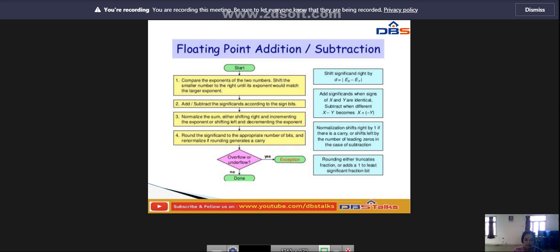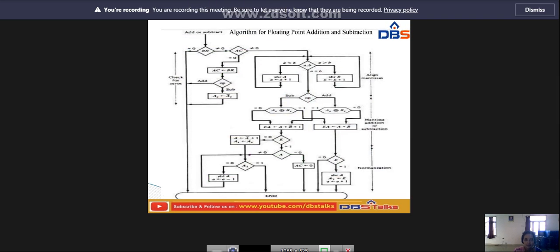So this is shift significand right by. These are the rules we are following in floating point addition and subtraction. This is the algorithm flow chart for add and subtract. Whenever the condition is equal to 0, it moves to the end. If the condition is not equal to 0, some operations will be performed here.